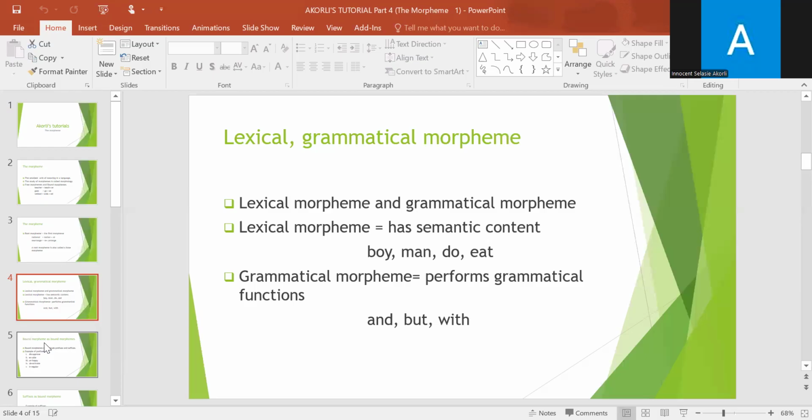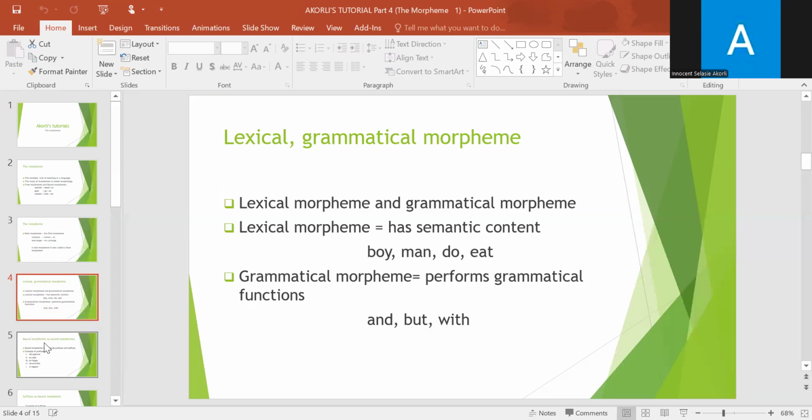But if you see a word like boy, as you can see on the screen now, it makes more meaning, because boy could mean male, probably below the age of 18. Yes, it's a human being. Is a male below the age of 18.